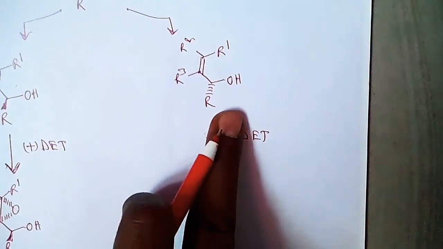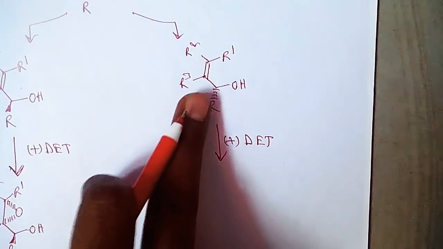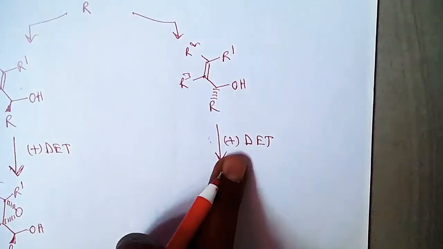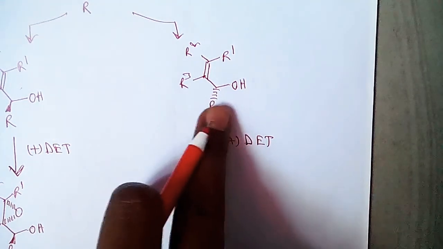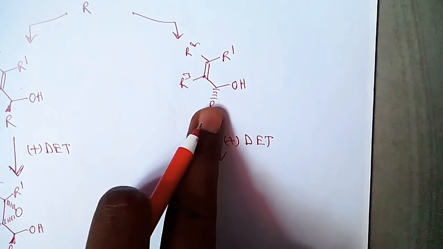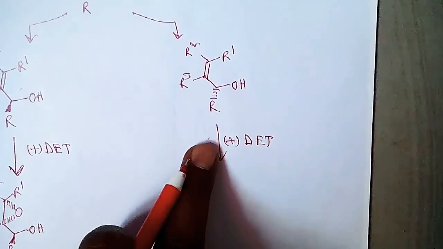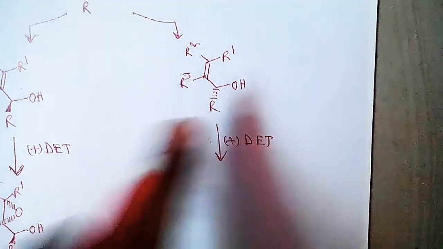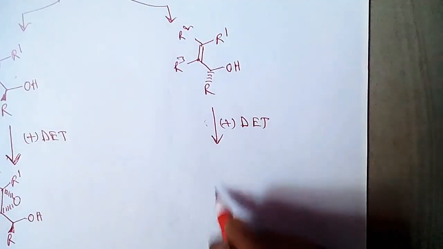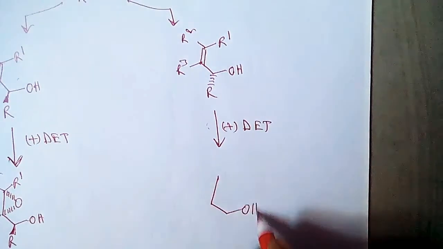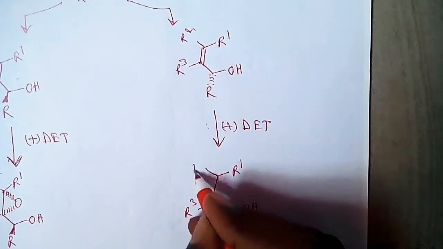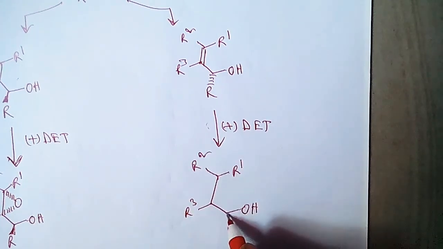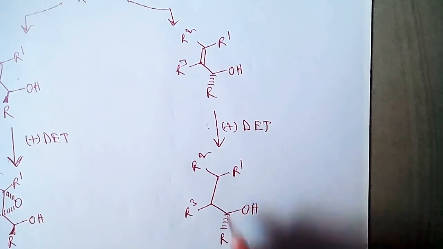And in the other conformation, if the reagent comes from the below side in the presence of plus DET, then due to the presence of R on the below side, more steric hindrance will be faced by the reagent, but it will also give the product from the below side.